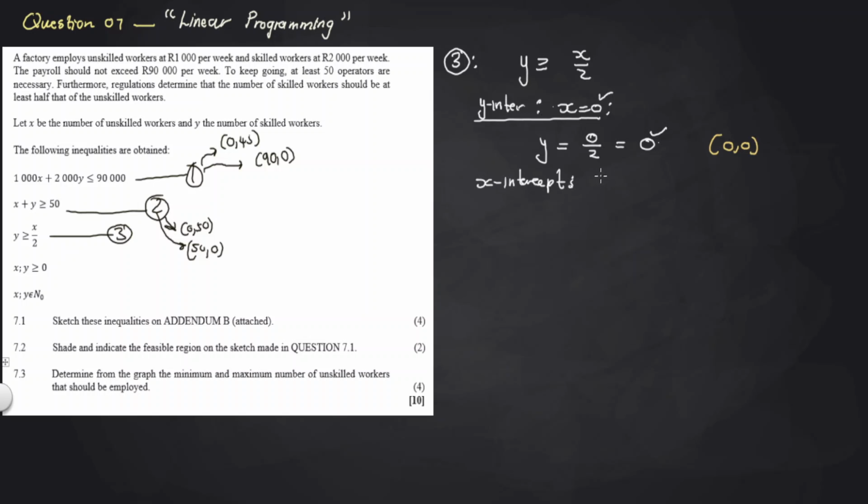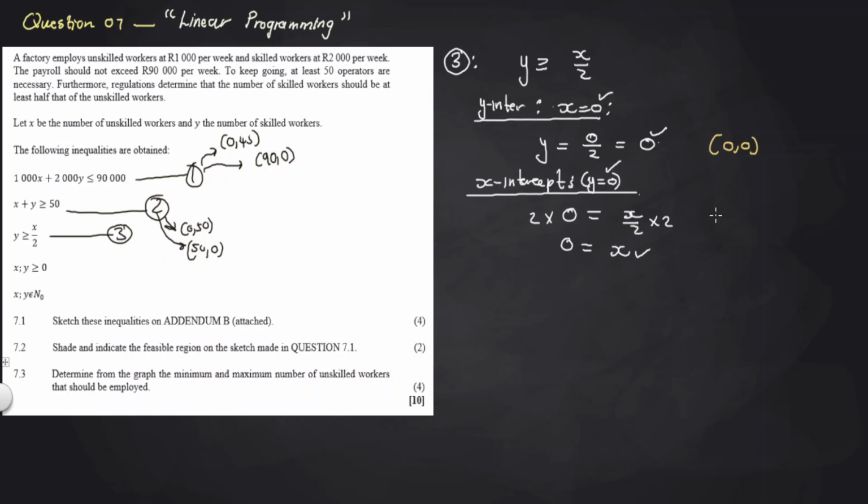The x-intercept is found by letting y be 0. So we have 0 is equal to x over 2. Multiply by 2, and 0 times 2 is 0. Then x is equal to 0. My y was 0 when I was calculating the x-intercept, and now my x is also 0.